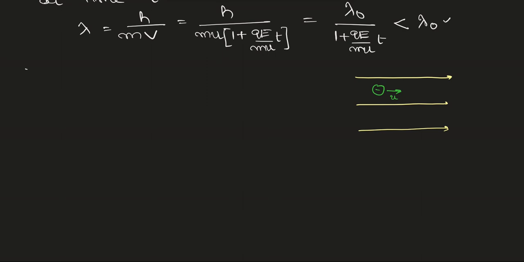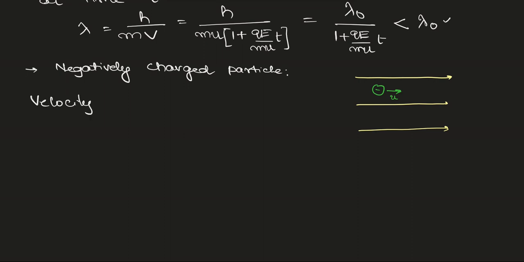What happens to the velocity? v = u minus qE by m into t, because a negatively charged particle gets accelerated in a direction opposite to the field.